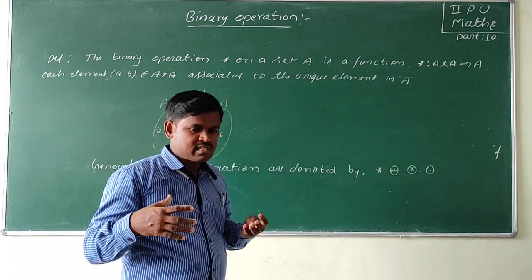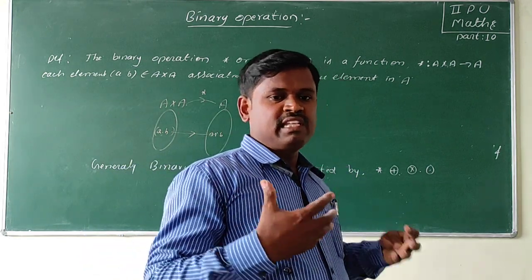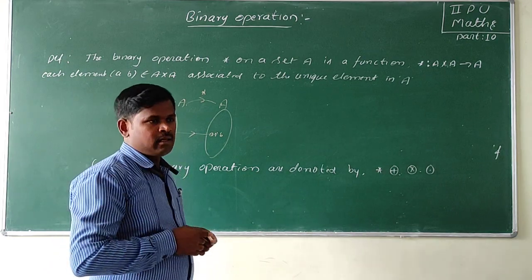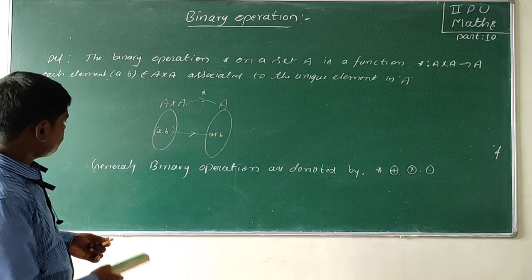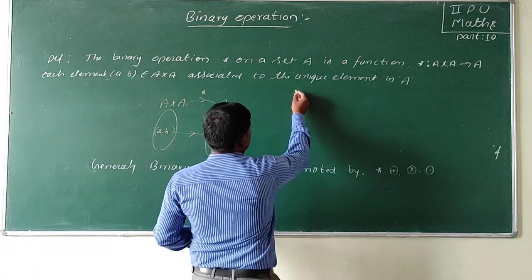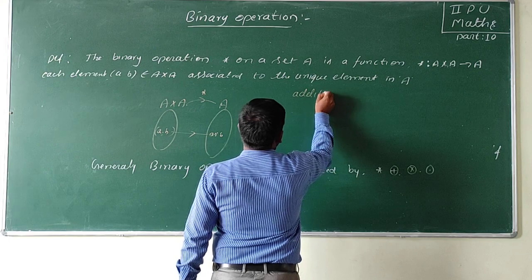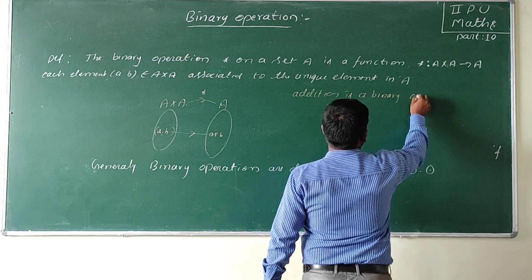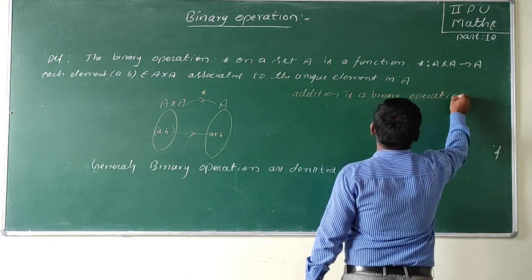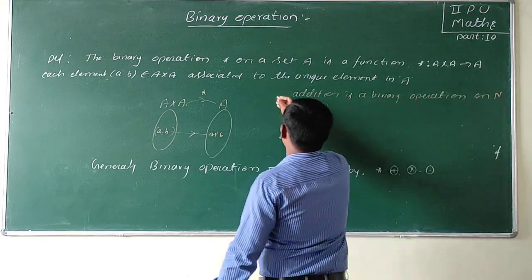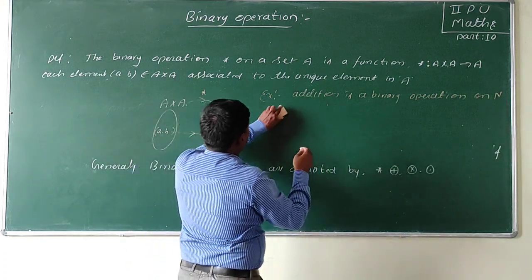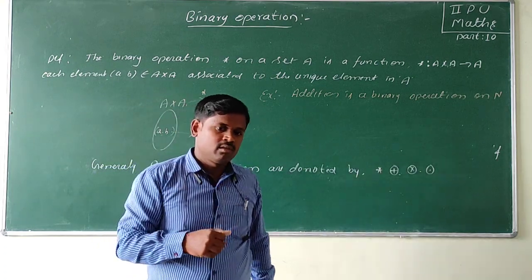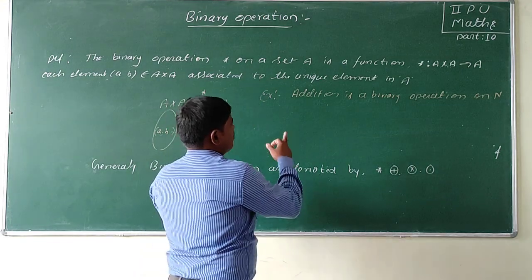So what are the examples? Suppose we take some examples, since it is very easy to understand the concept that way. Take the set of natural numbers and addition. Example: addition is a binary operation on natural numbers. How is it?